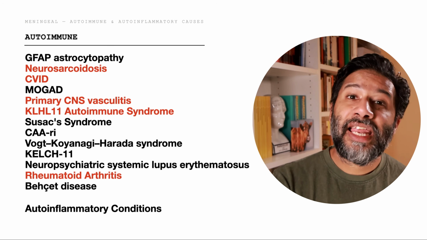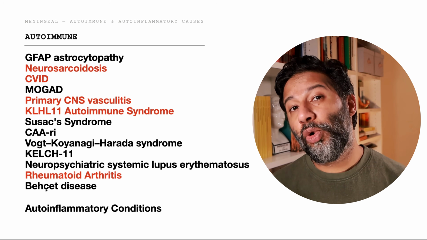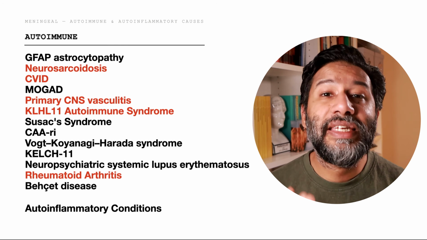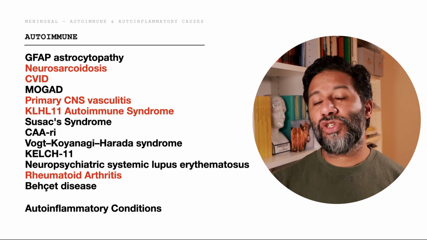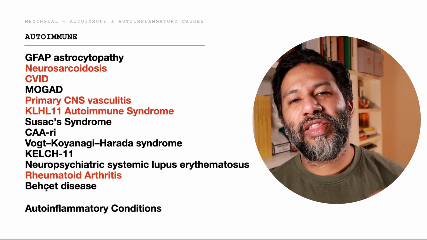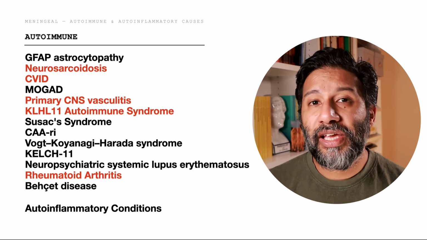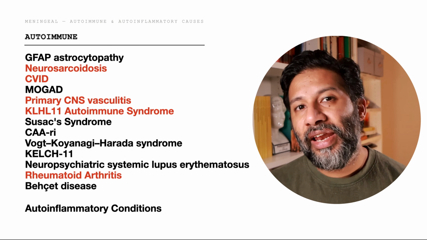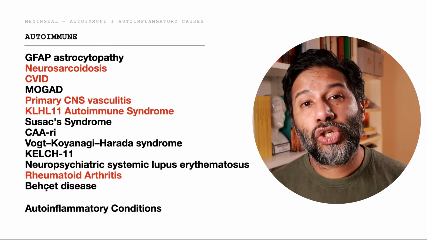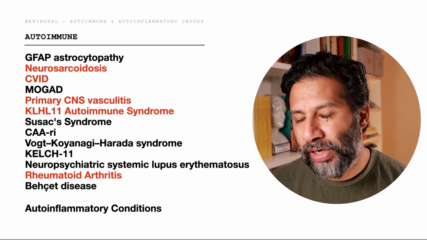Classically, we see a very high polymorphonuclear count. Why? Because the innate immune system, your macrophages and your neutrophils, are being overactive, and so that's why the lumbar puncture can look like a bacterial meningitis. They can actually have a lumbar puncture that shows no bacteria, high polys, and they've got an autoinflammatory condition.